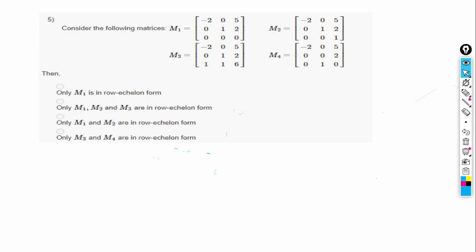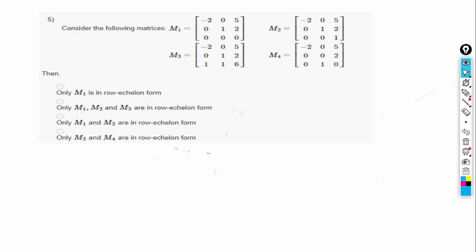So the correct option is C. Here you can see there is 1 below over here. That is, in row echelon form, actually we check that whenever there is a number, after that number, if 0 starts, then all the numbers below that should be 0, and preferably lower triangular matrix of values should be 0.